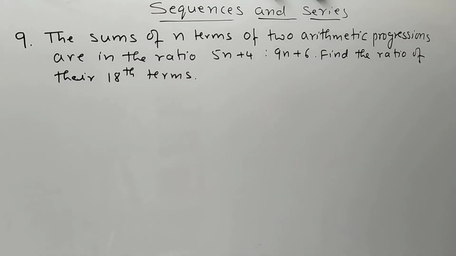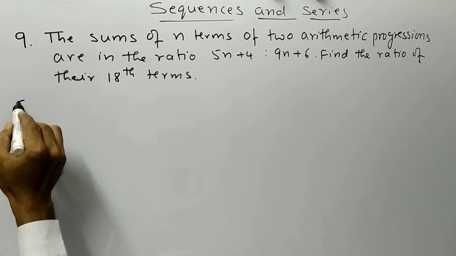Question number 9. The sums of n terms of two arithmetic progressions are in the ratio 5n plus 4 is to 9n plus 6. Find the ratio of their 18th terms. Solution.